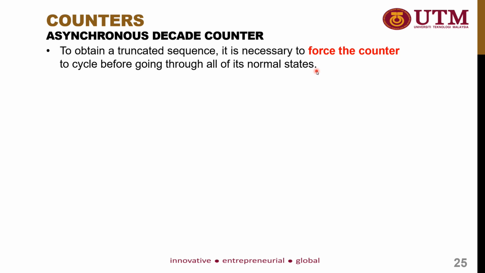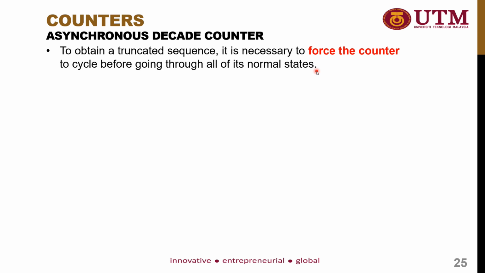A decade counter has a total of 4 flip-flops, so 2 to the power of 4 becomes 16. But we just want to count until 9, so we don't need all 16 counts of the 4-bit counter.